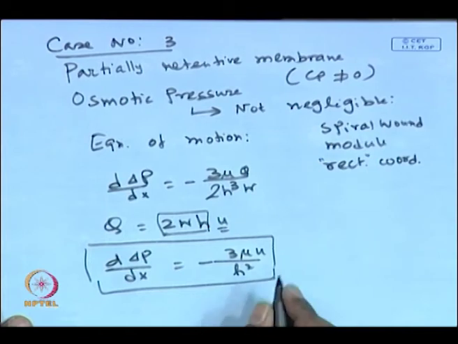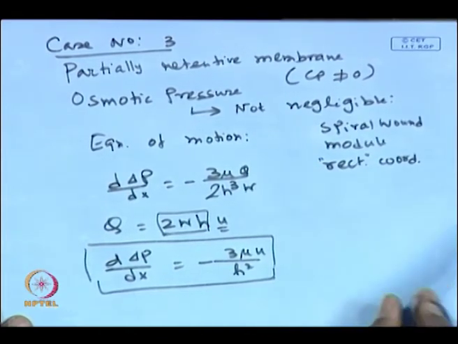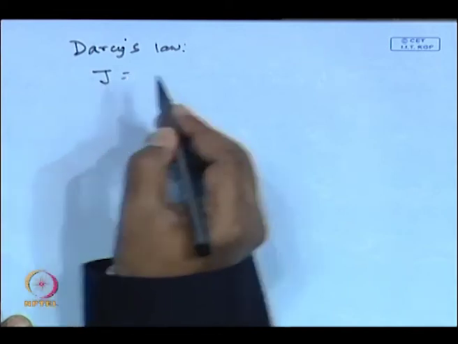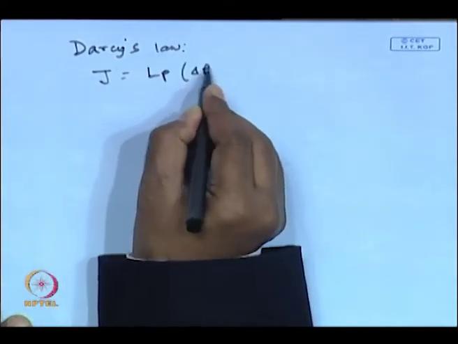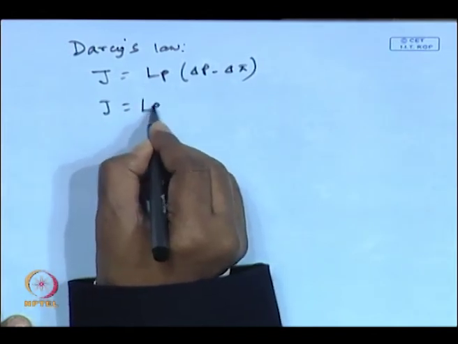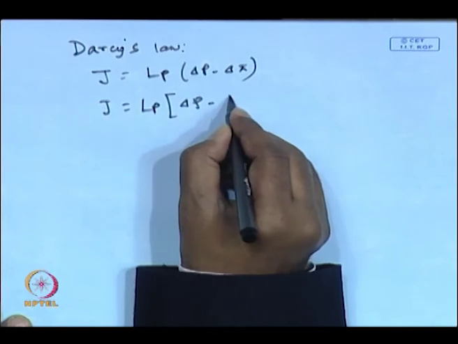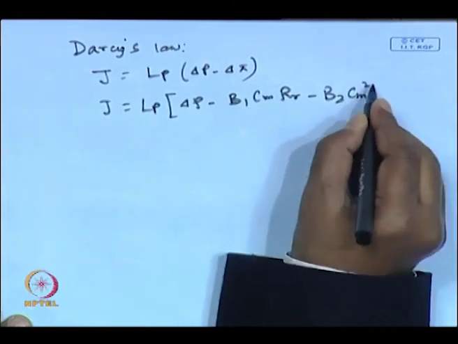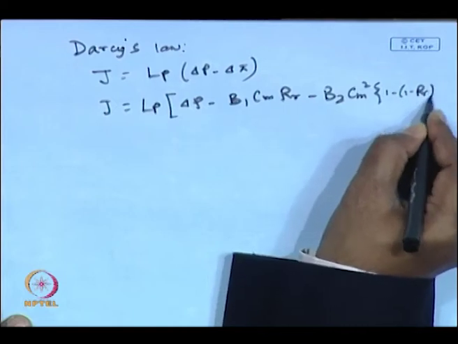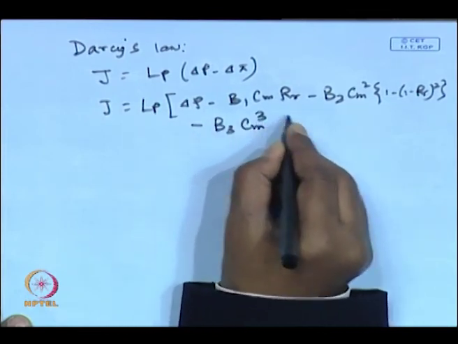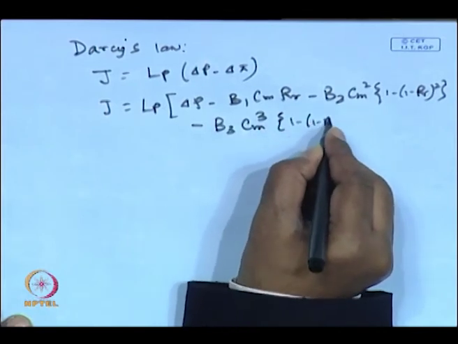Okay. So, J becomes, now in this case, since the osmotic pressure is not negligible, we can use Darcy's law as J is equal to L_P times delta P minus delta pi, and J becomes L_P delta P minus B1 C_M R_R, I think we already derived it a number of times, B2 C_M square 1 minus R_R square, minus B3 C_M cube 1 minus R_R whole cube.